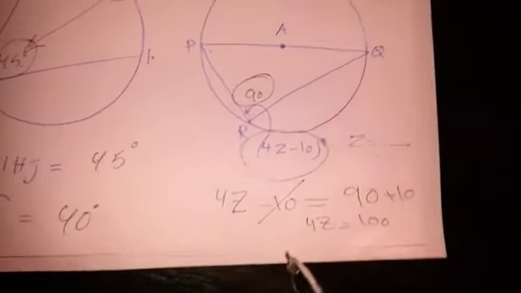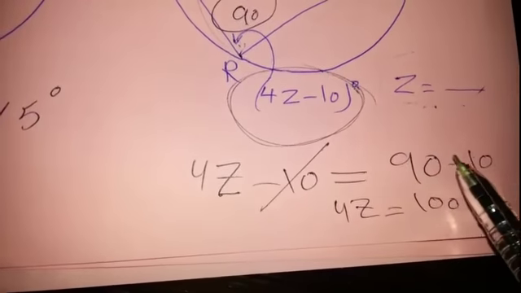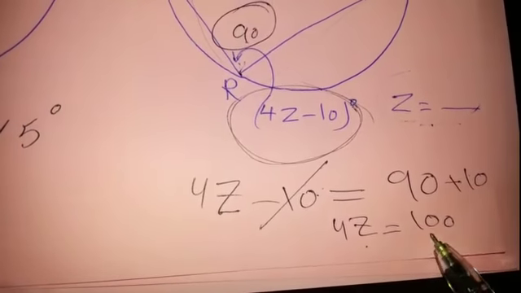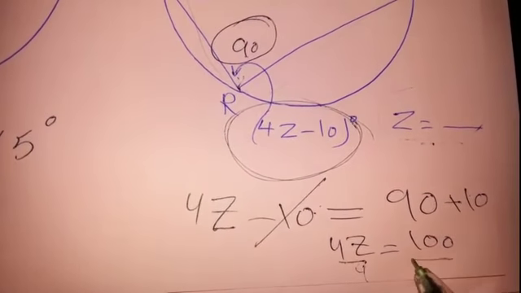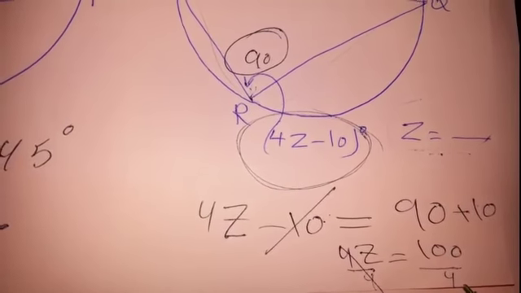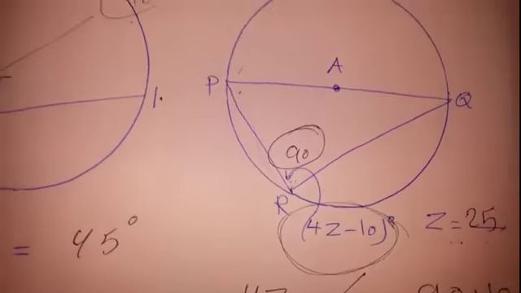Now divide by 4 on both sides. 100 divided by 4 will be 25. So z will be 25.